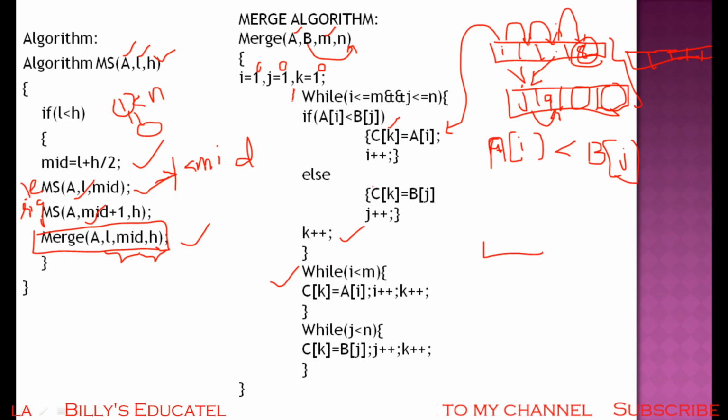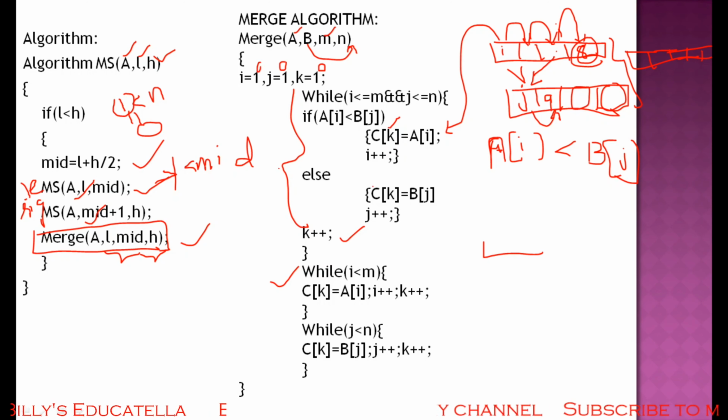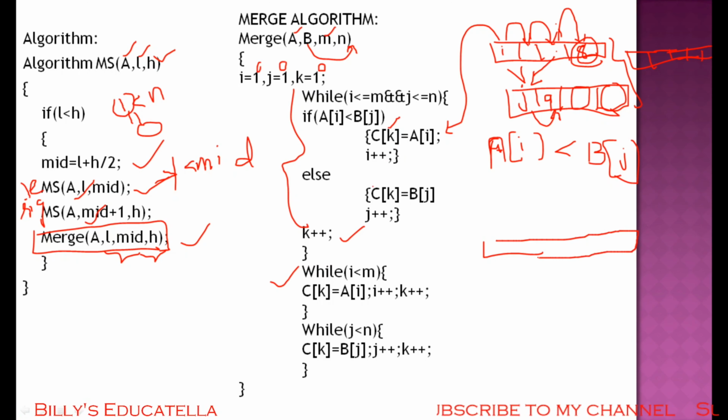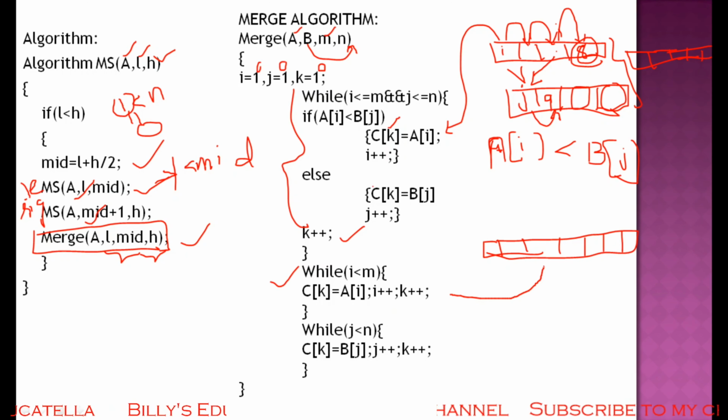This entire method is used for putting the array values into the temporary array. Okay, I think you understood very clearly. This method is used for putting the two array values into this temporary array. If there are any remaining elements in A of i or B of j, these elements will be put into this temporary array directly.